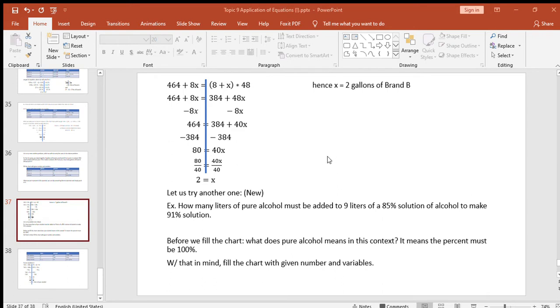How we solve it is that we can see that distance is equal to rate times time. And we're going to need this when we solve distance, rate, time word problems.